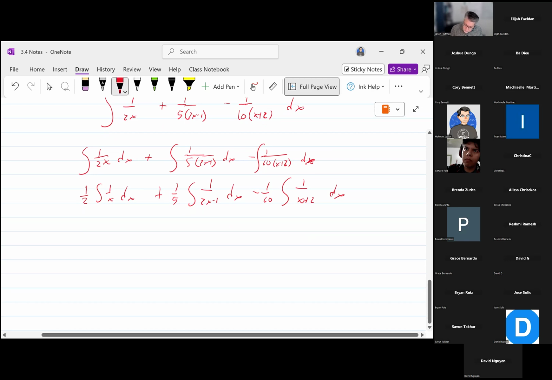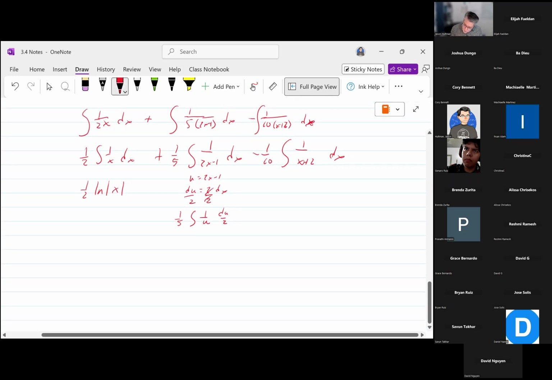Okay, so the first one is just 1/2 natural log absolute value of x. Okay, that one's pretty easy. The next one we could do a u sub on. This is u is equal to 2x minus 1. Du is equal to 2 dx. Divide by 2. And so we get 1/5 times the integral of 1 over u du over 2.